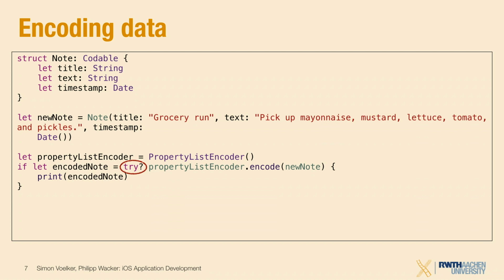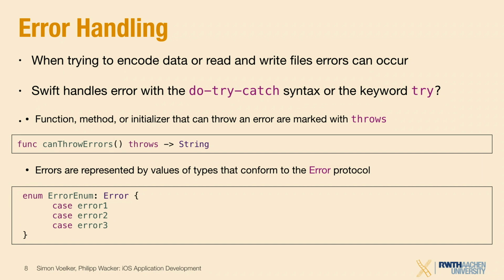However, there could be other cases where this goes wrong, and therefore we have to handle this error, because it could be that the structure is not really clear for the compiler. It has to be handled at runtime, and therefore you have to use try, the error handling method in Swift. Error handling in Swift is not very different from other error handling, like in Java.